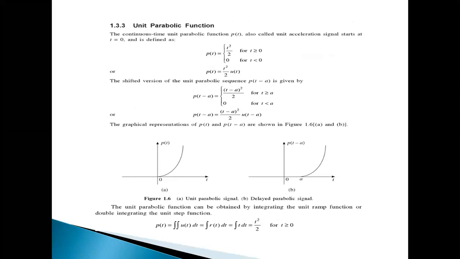You see here, the continuous time unit parabolic function P of t, also called unit acceleration signal, starts at t is equal to 0 and is defined as P of t is equal to t square by 2 for t greater than or equal to 0 and 0 for t less than 0.